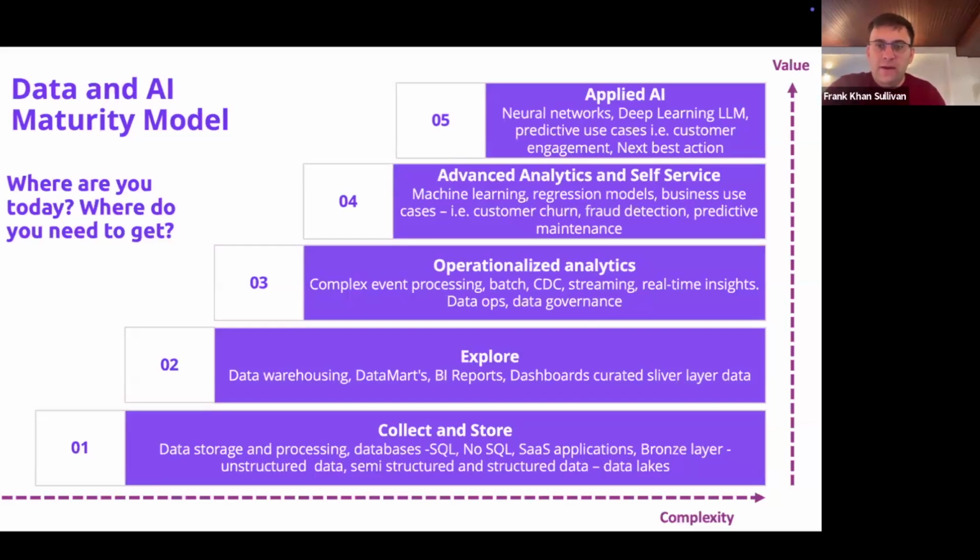Where are you today in terms of your data and AI readiness? As Jon has mentioned, from the capabilities perspective, as Dan has mentioned, from the technologies perspective, where do you actually need to get to? Do you really need to get to applied AI right now with this type of market, this type of offering, this type of organizational talent? Or could you perhaps be a bit more focused on getting to level 4? It's not to say that you shouldn't have vision, but it's an important piece to reflect on.